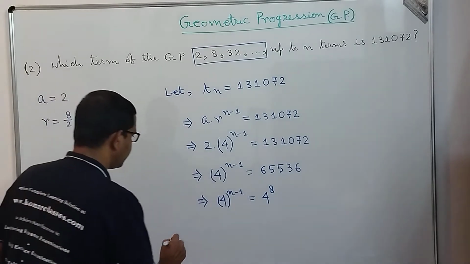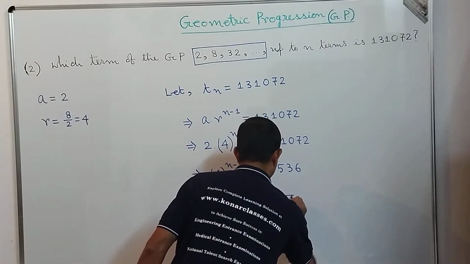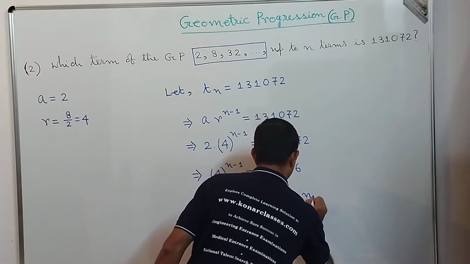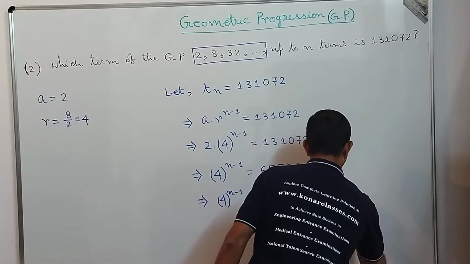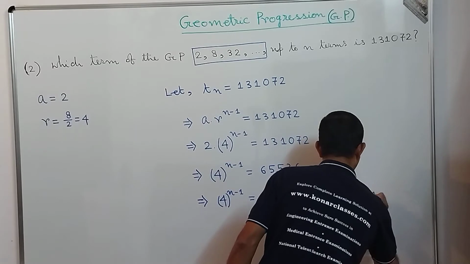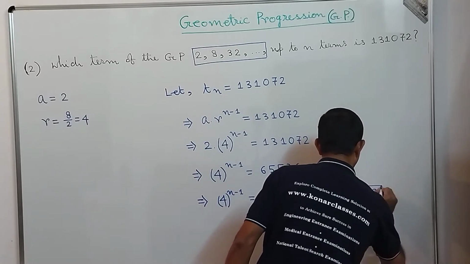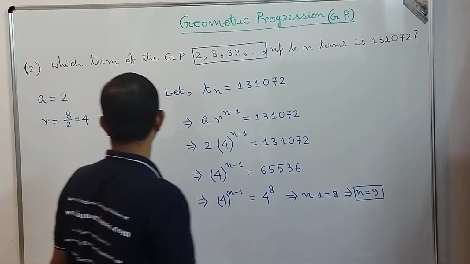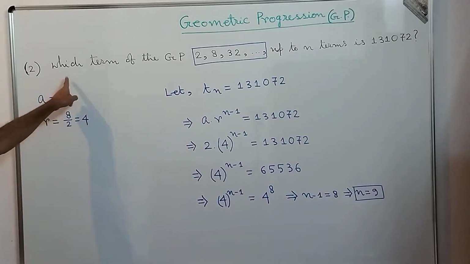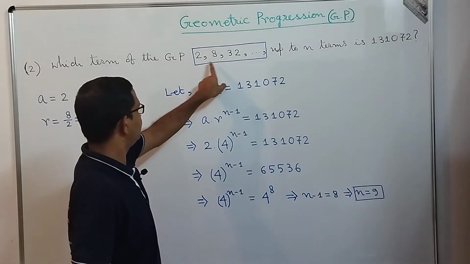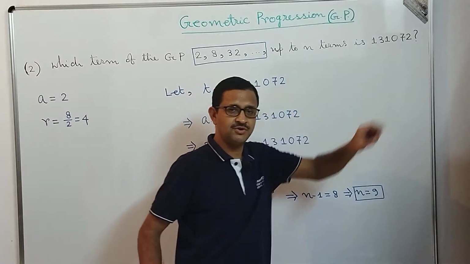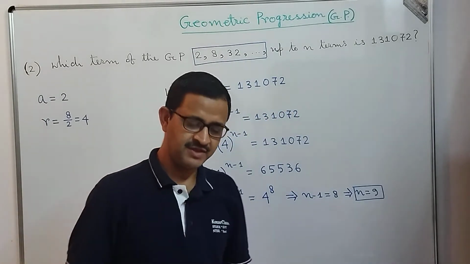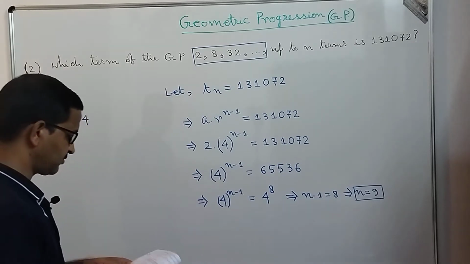So from here we can write that n minus 1 is equal to 8, and eventually we get the value of n is equal to 9. So dear students, what we can say is that the ninth term of this GP 2, 8, 32 is 131,072. Correct? So now let's proceed to the next question.